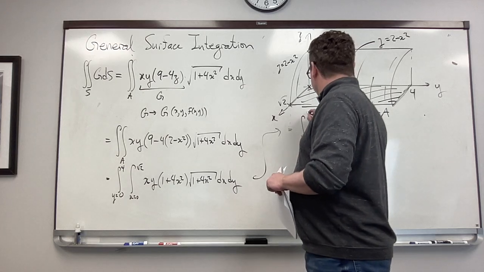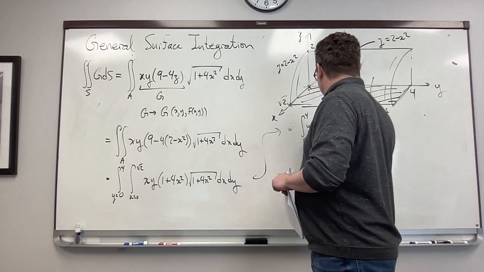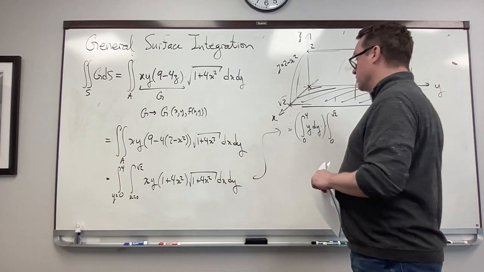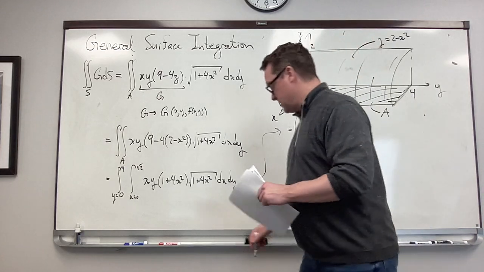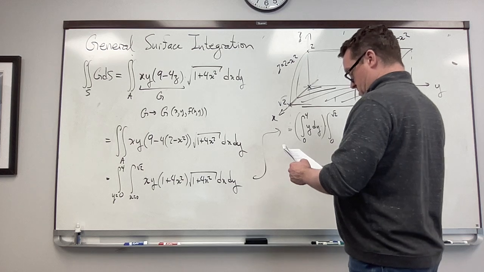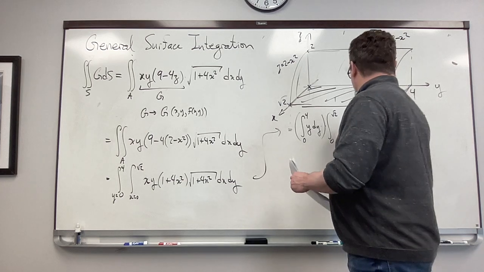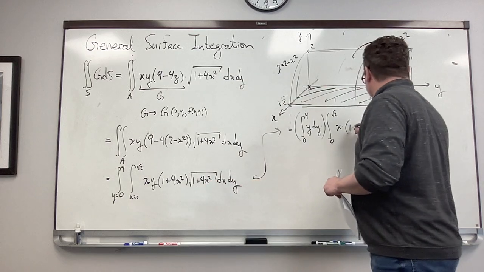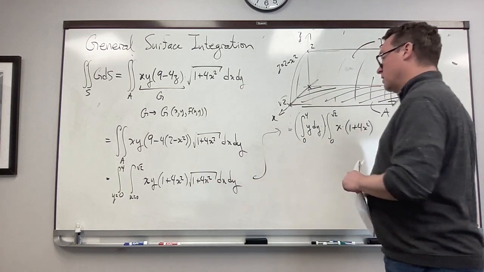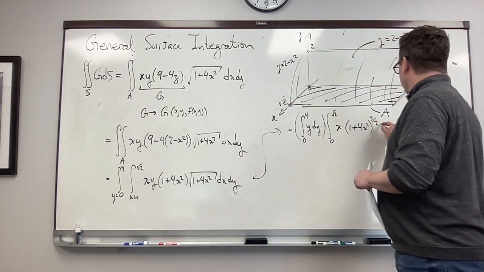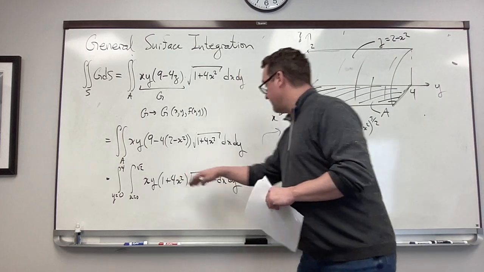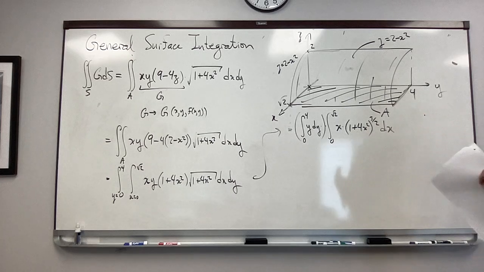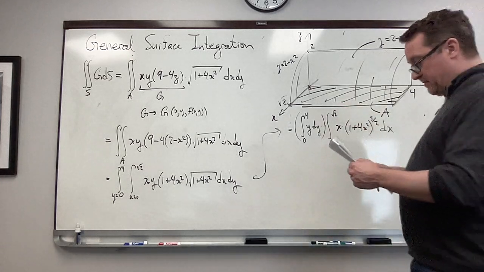So I've got the integral from 0 to 4 of y dy times the integral from 0 to square root 2 of x times 1 plus 4x squared to the 3 over 2, right, because I've got the 3 and the 1/2, dx. Okay, you can see the substitution going to happen. You can see the solution here going to happen, right?